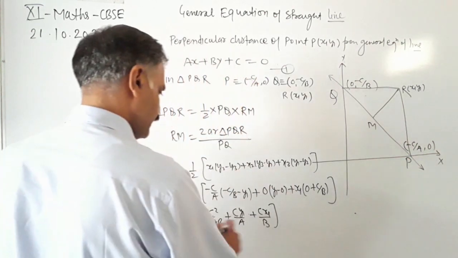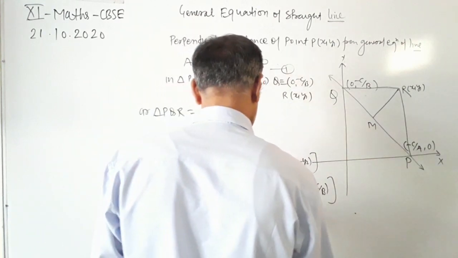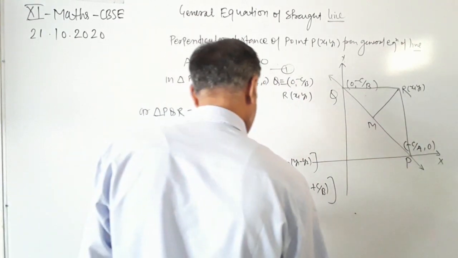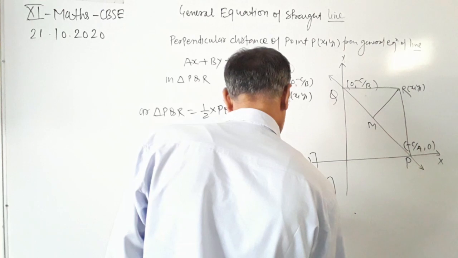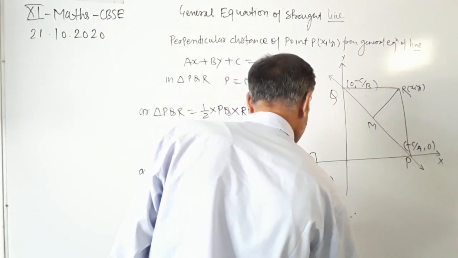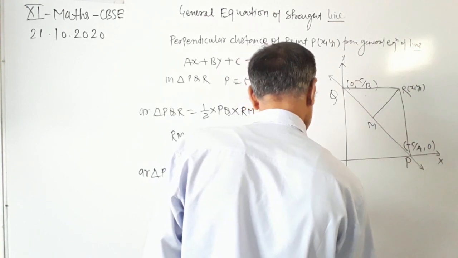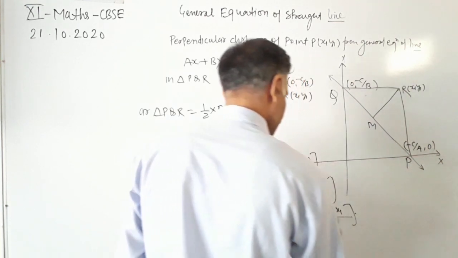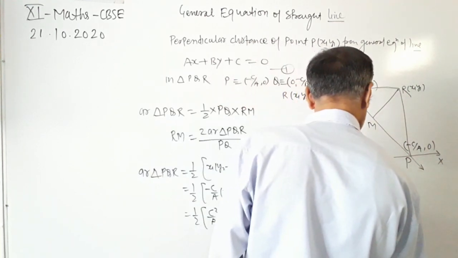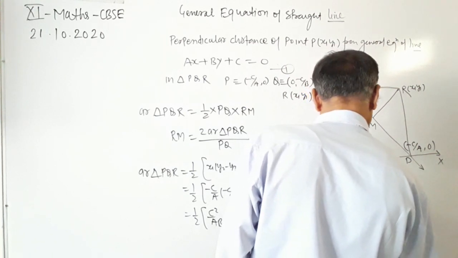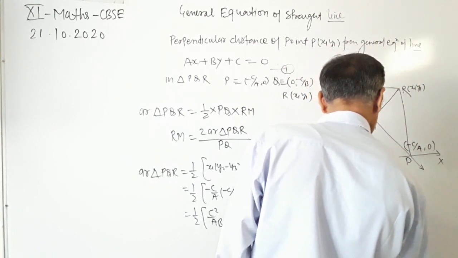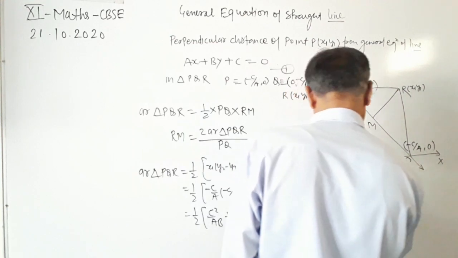Taking ab as LCM, we will have 1 by 2ab times (c square plus c y1 plus c x1). Again taking c upon 2ab as common.